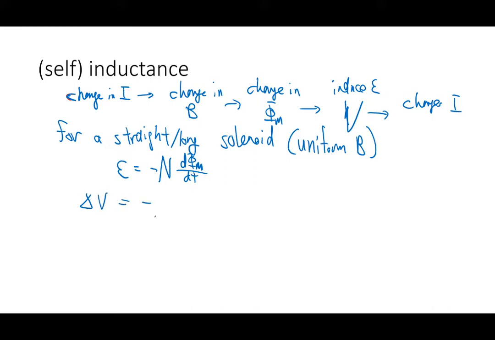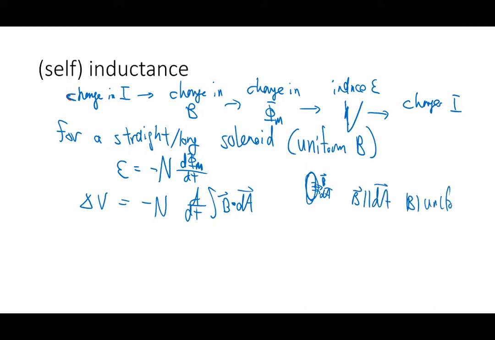So the voltage across is going to be the negative rate of change of flux, right? And then in this case, your area here, we're talking about a single loop of the coil, and then the B is in fact perpendicular to that. Therefore, your B is parallel to your dA, and then B is uniform, as we say.